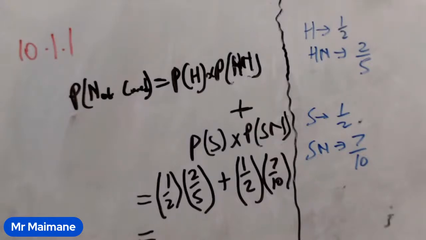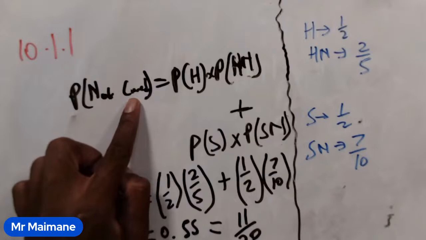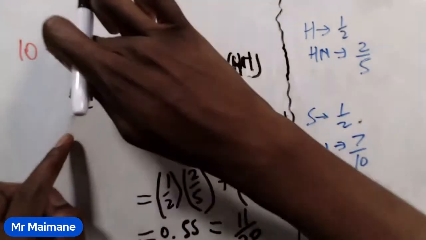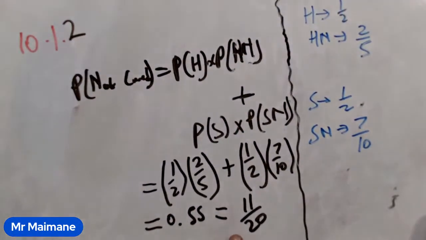If I punch this on the calculator, I get 0.55. If I write it properly, it's going to be the same as 11 over 20. So the probability of everyone being not cured according to this, which is now 10.1.2, that is 11 over 20.